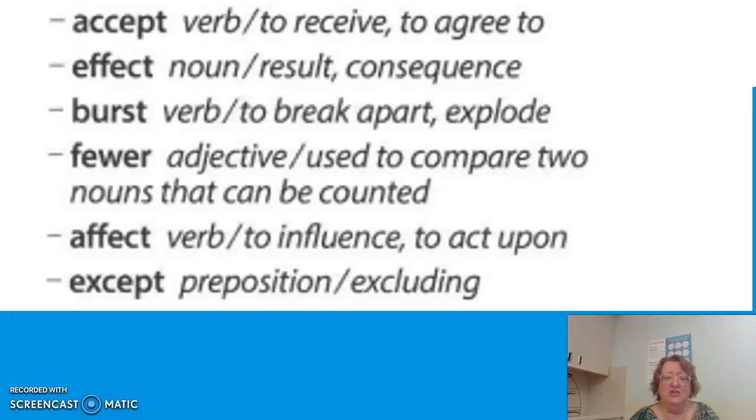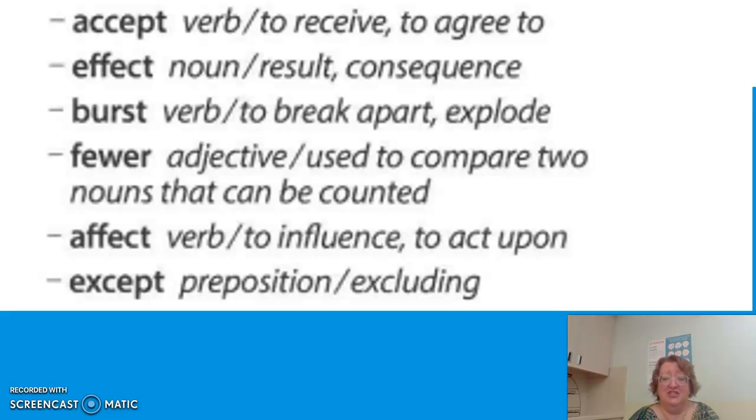I also want you to look at affect and affect. Affect, now, is a noun, the result or the consequence. The effect of the high temperature made the children sweat. Affect is a verb.